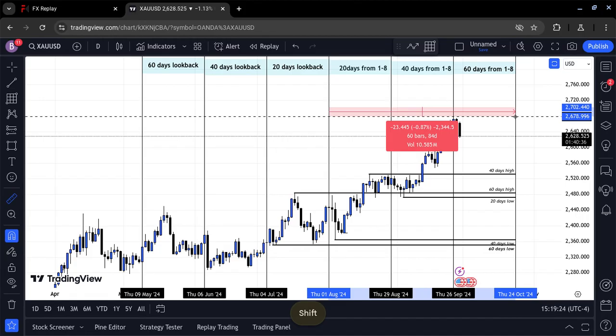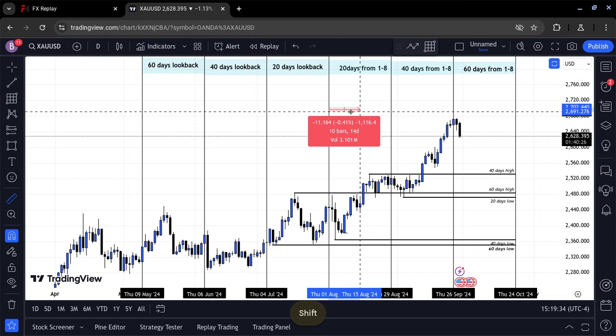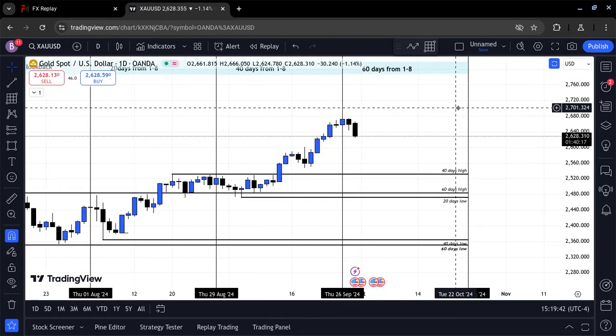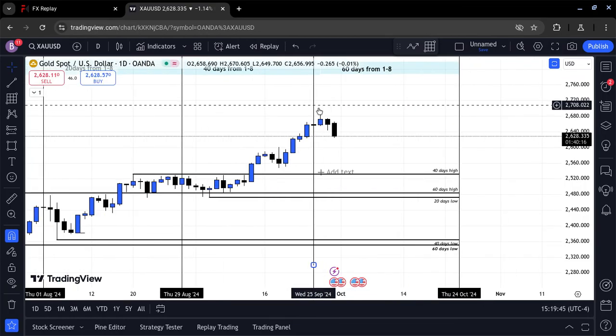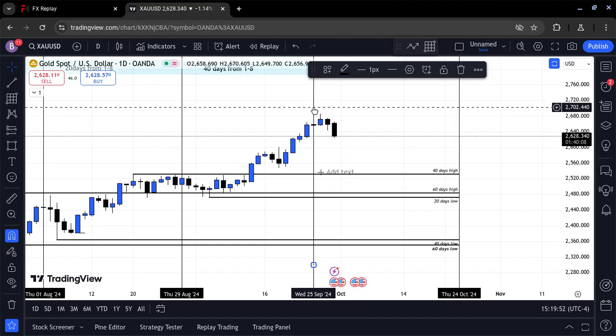All right. Now, I told you in my previous video that from the 26th of September, meaning the 40 days from August the 1st, we will see a retracement in gold. And you can see the result as of now, what's happening in gold. Over here, we made the high around 2684 or 2685.